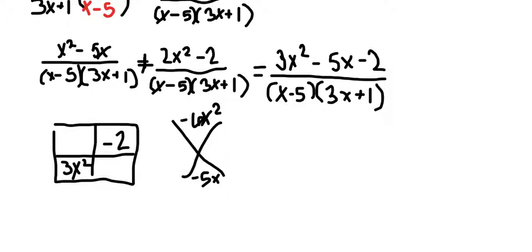So I am now wondering what multiplies to negative 6x squared and adds to negative 5x. That would be negative 6x and positive 1x. So I'll add these here. You know that this is going to be a 3x, x, 1, and negative 2.